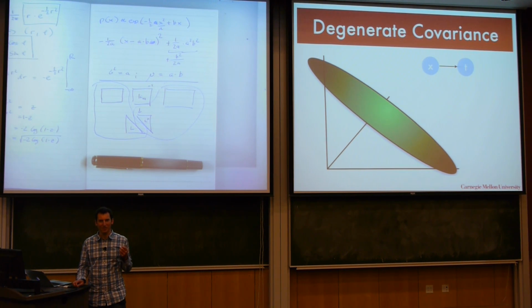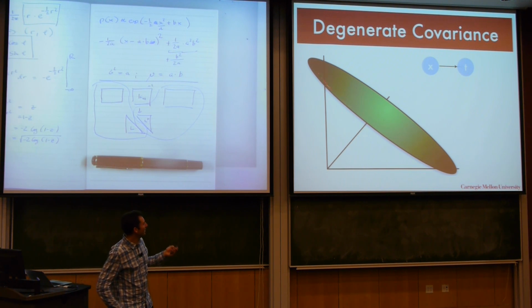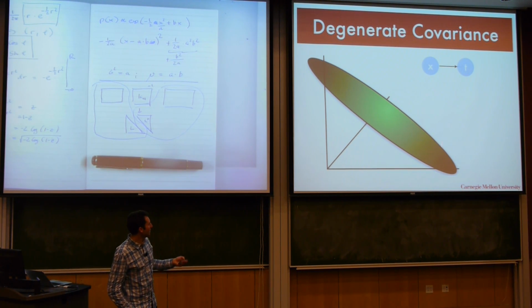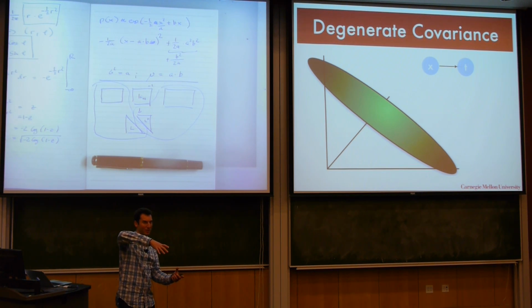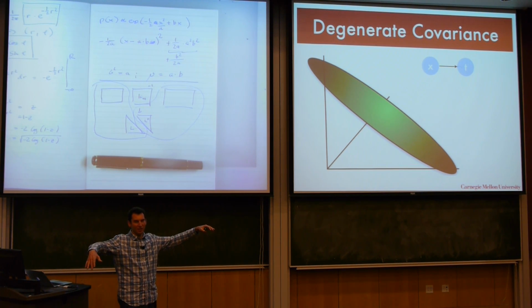Any suggestions? Okay, so the problem is this Gaussian has been put on a diet. We need to fatten it up again. So basically, one way is to just add something to the main diagonal of that covariance matrix, right?